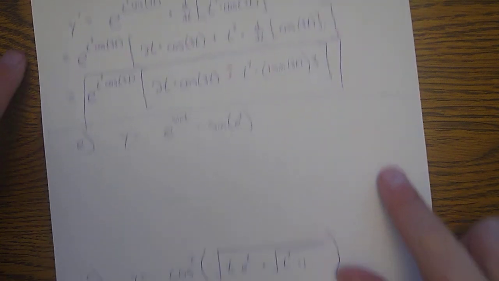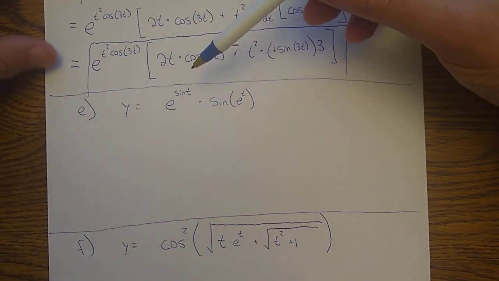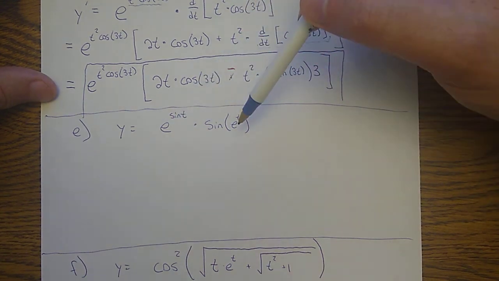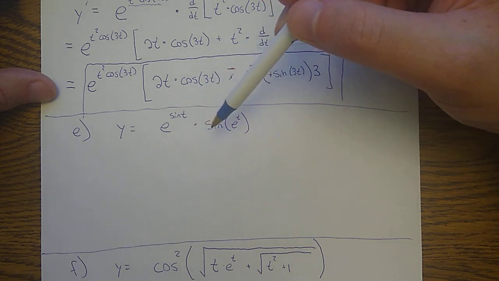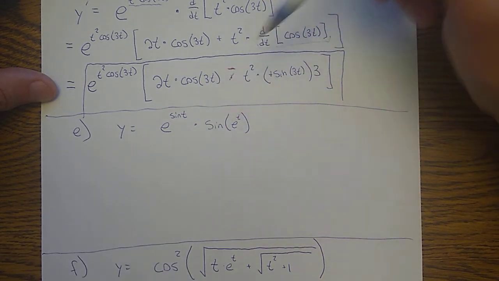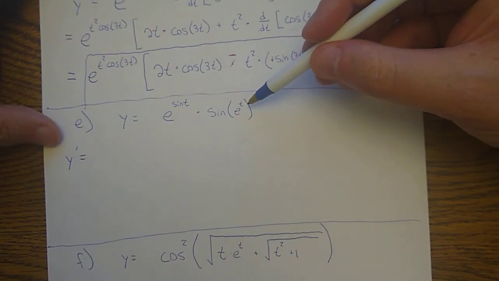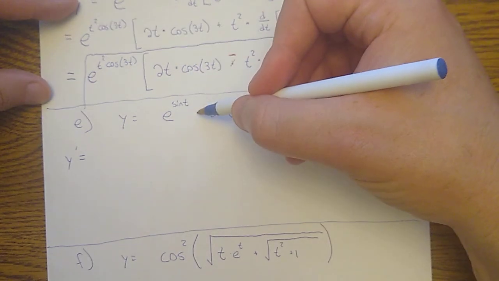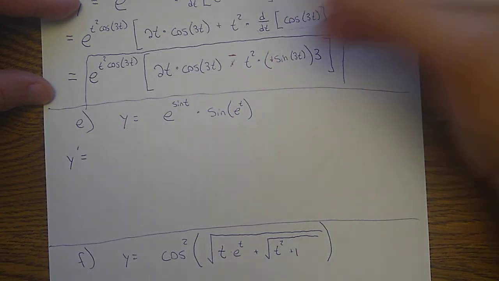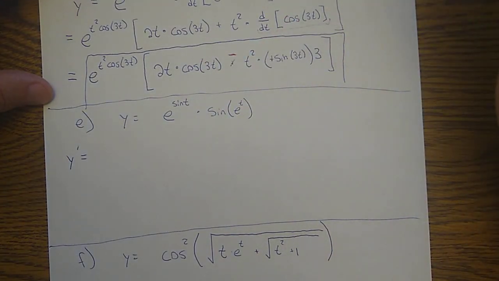So let's do another one. This one is potentially confusing. I've got e to the sine t and sine of e to the t. So what would I describe as the big picture here? I see something times something else. So I'm going to use the product rule.